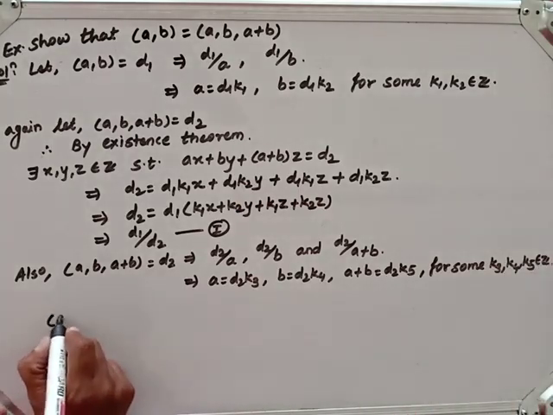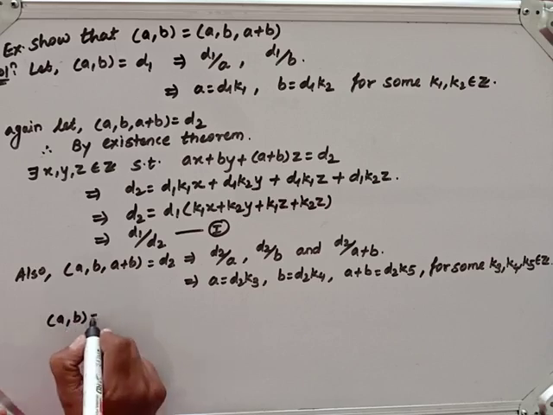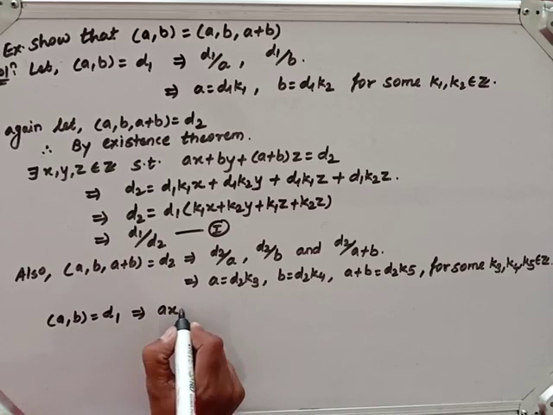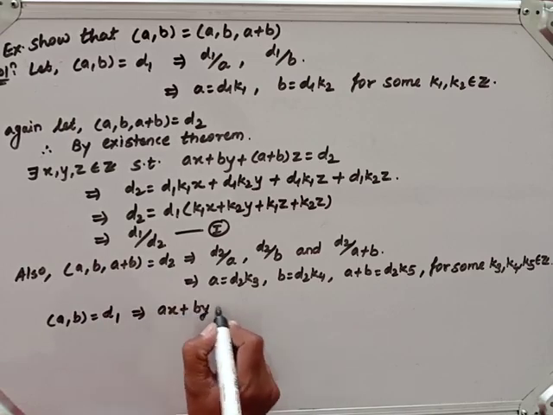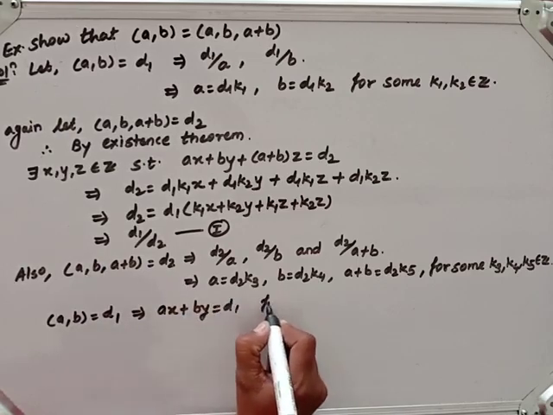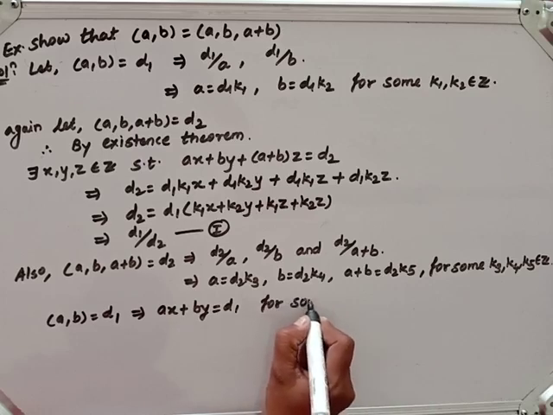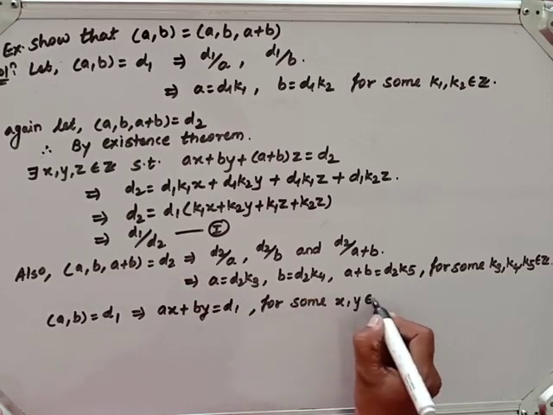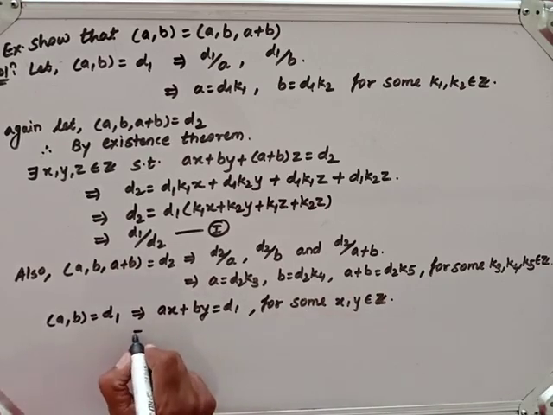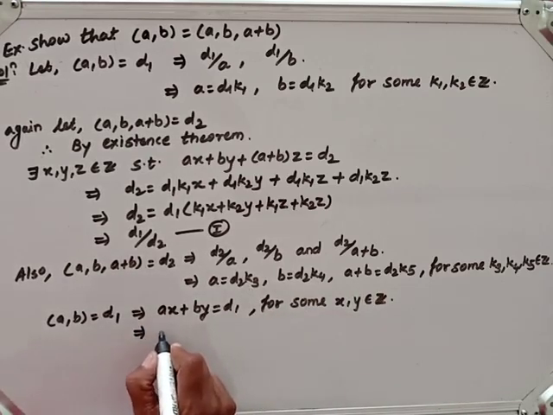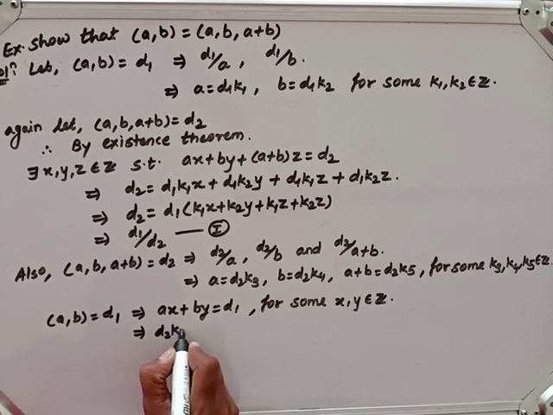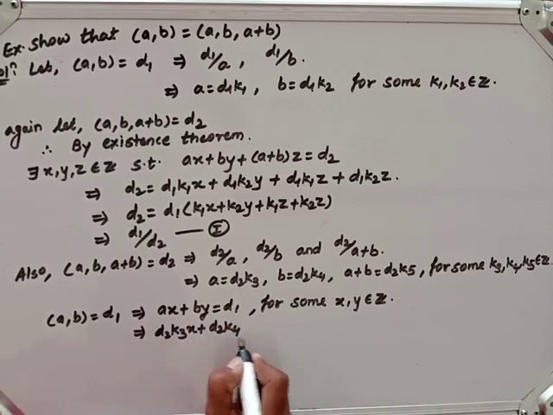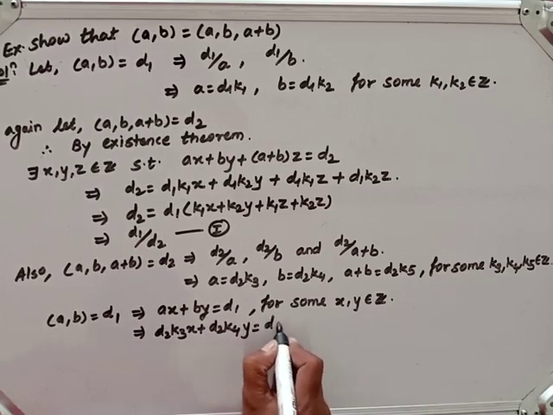Now also GCD of a and b is d1. So this gives ax plus by is equal to d1 for some x, y in Z. Now here, d2 k3 x plus d2 k4 y is equal to d1.